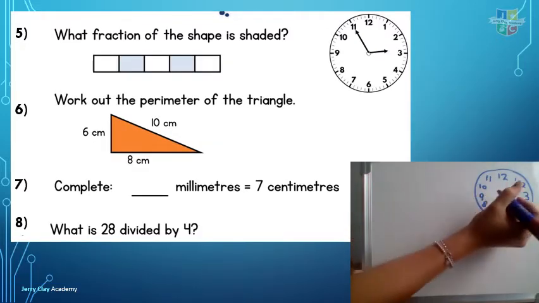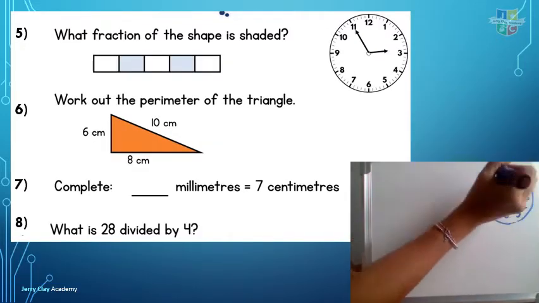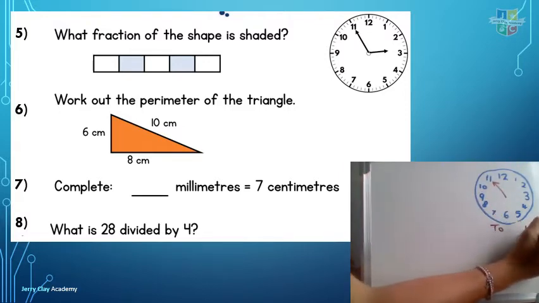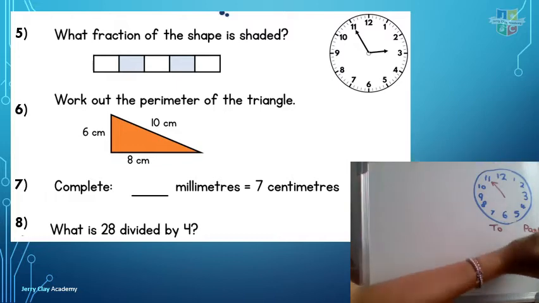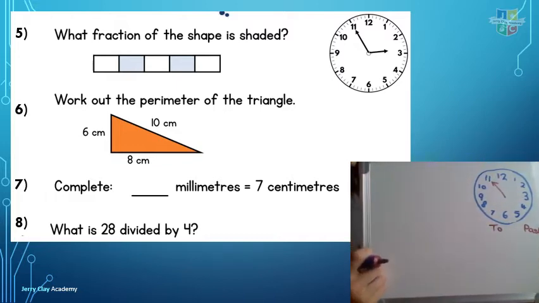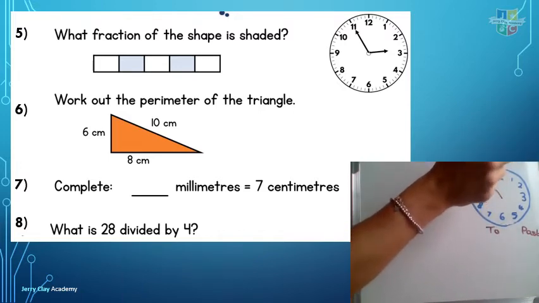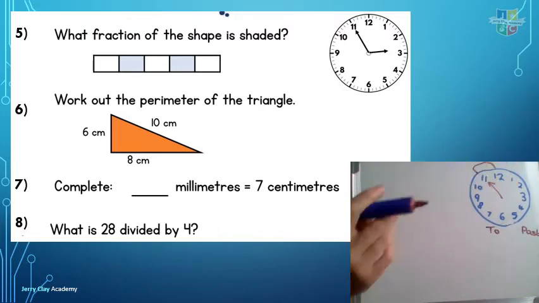So let's have a look. My minute hand is pointing to my 11 because that's my longest hand, and we know that that's going to be on the 2 side of the clock. Because it is on the 2 side of the clock, I want to know how many minutes to the hour it is going to be. So how many minutes from the 11 to get to the 12?